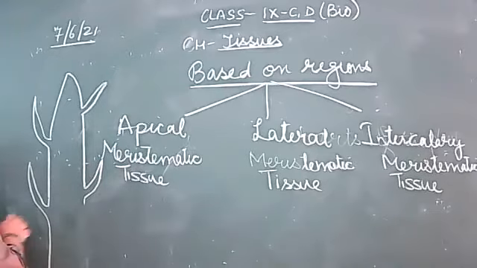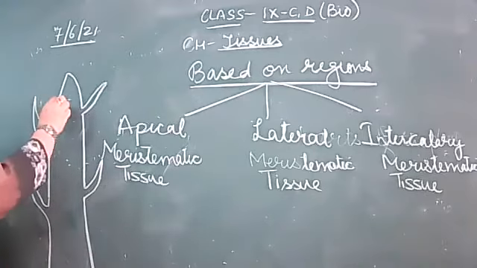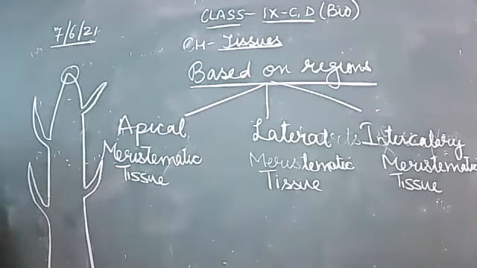Is it visible to everyone? Like this, right? Apical meristematic tissues are present at the apex. Apex means on the tips of the stem as well as in the roots.